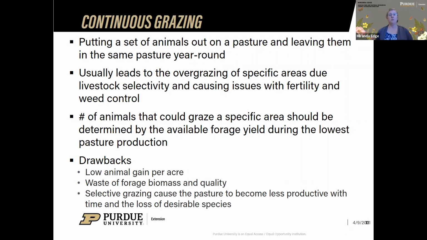The number of animals that you could graze in that area actually drops because you are looking at the lowest pasture production time of the year as to how to stock it. So if that means the middle of August, when your grass isn't growing as fast, that same number of animals that were on that pasture in April are on it in August.